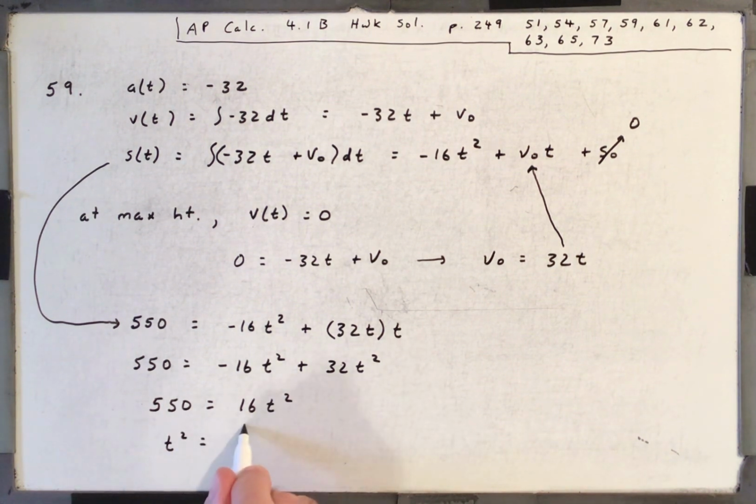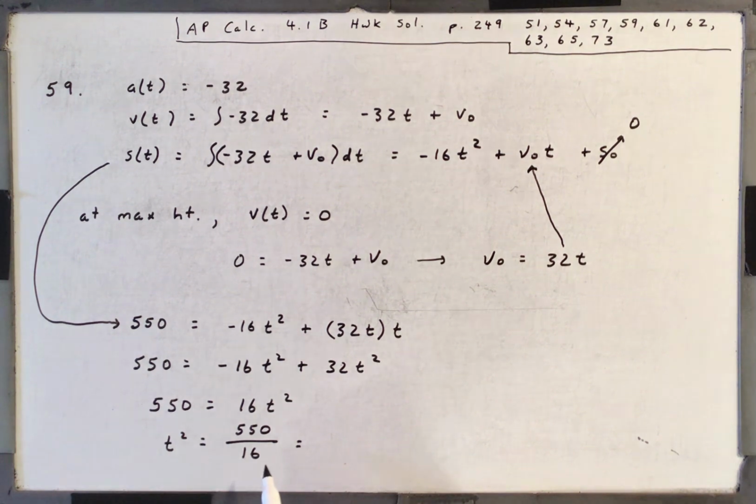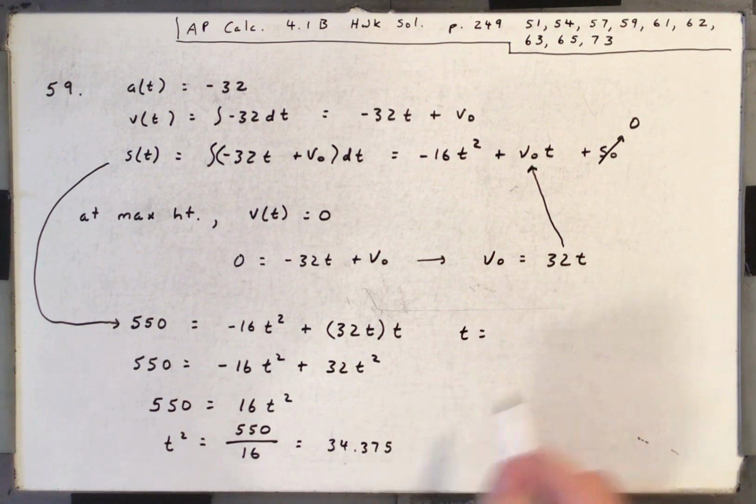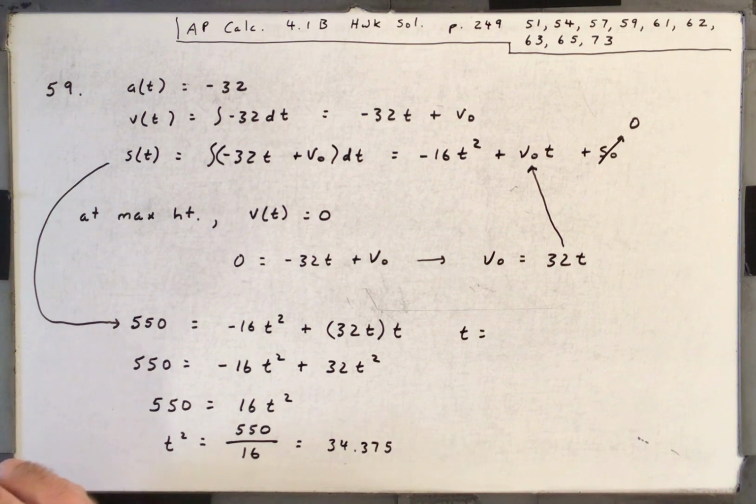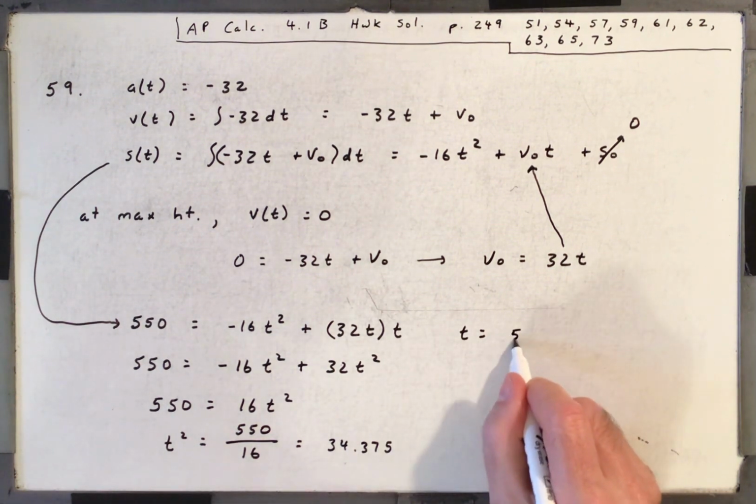T squared will be 550 over 16. All right, and 550 over 16 is, let's see, 34.375. So t is equal to the square root of 34.375, which is 5.86 seconds.